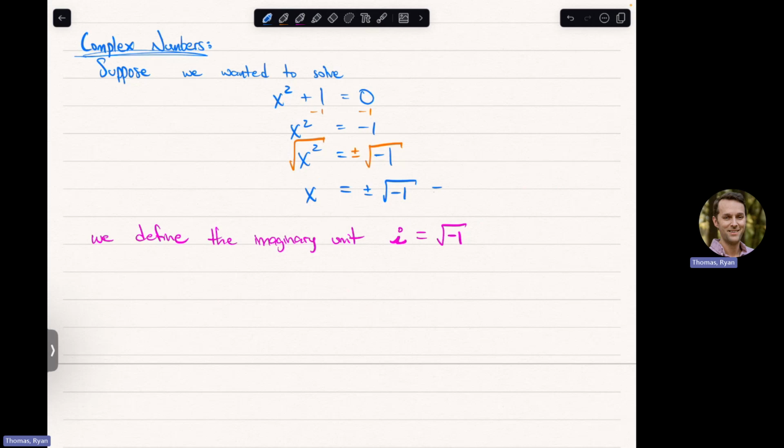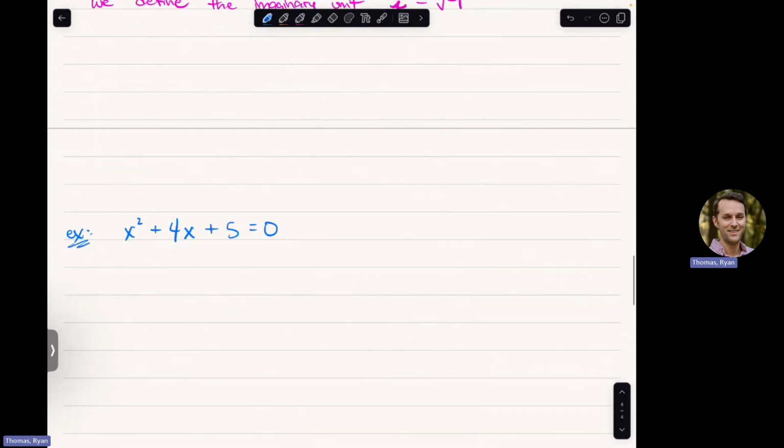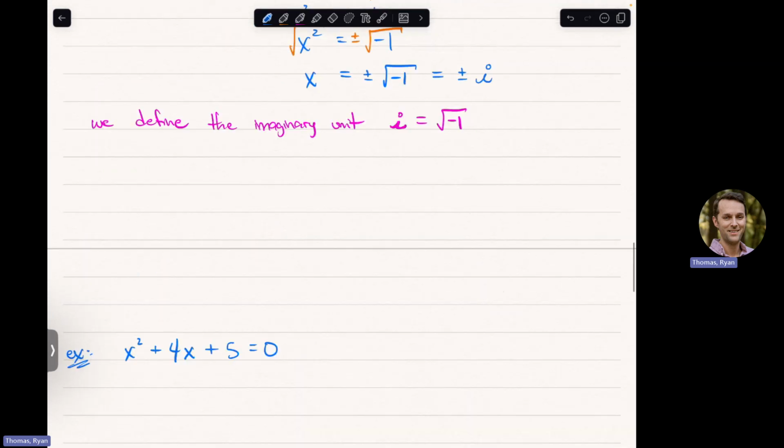So x then is plus or minus the square root of -1, which means it's plus or minus i. Okay, well, that gives us some added ability to deal with quadratic equations where this might come up.